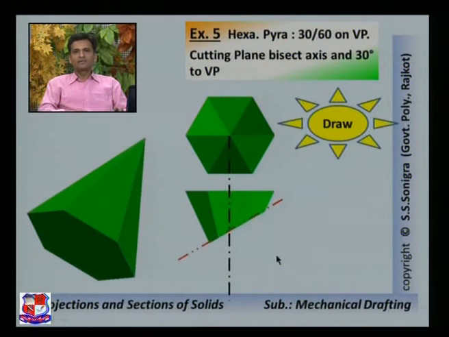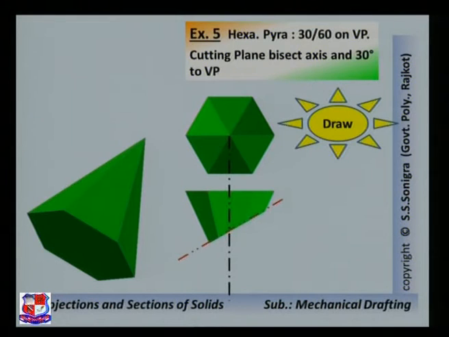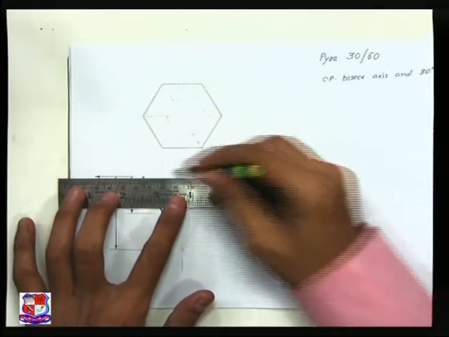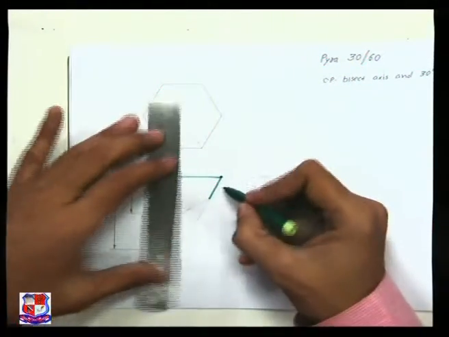So erase this one. Now let me draw the solution of this problem, how to draw the true shape and sectional front view of this hexagonal pyramid. So the first steps we have drawn. Now this is the portion retained with us that we have drawn, and these edges would be there.